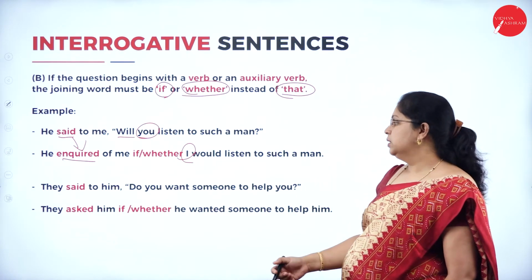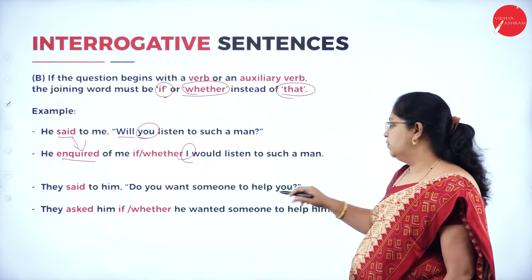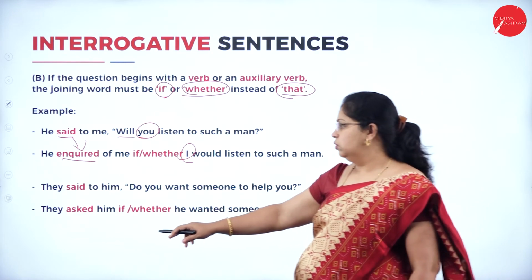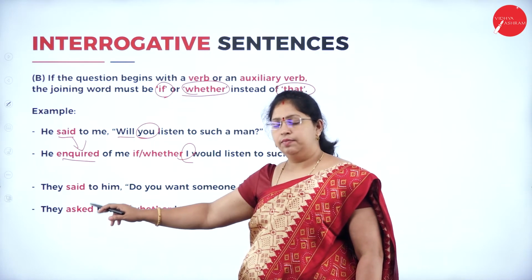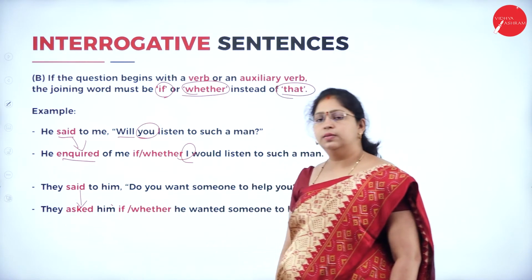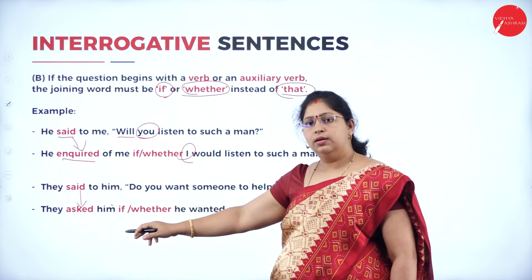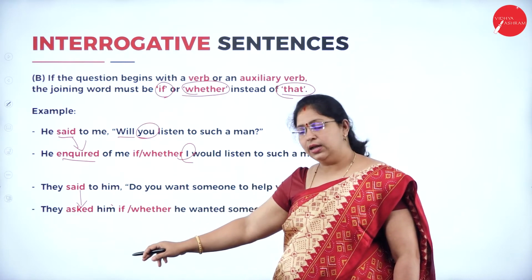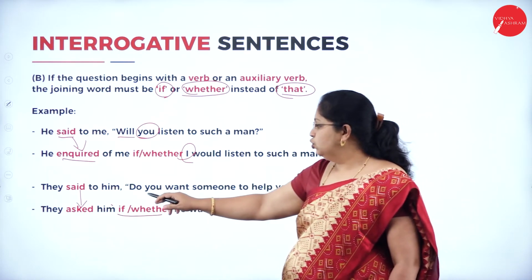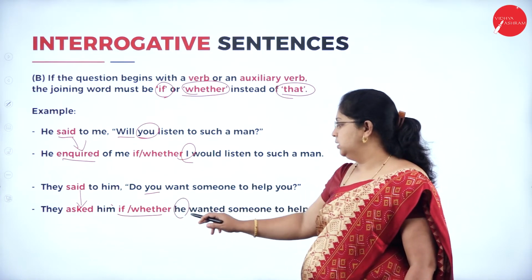Okay. Next, one more example. They said to him, "Do you want someone to help you?" Okay. So, what are the changes we need to do? "They said" becomes "they asked", and instead of a comma here, meaning instead of "that", we are using "if" or "whether". Okay. And "you", which is in second person, becomes third person here.